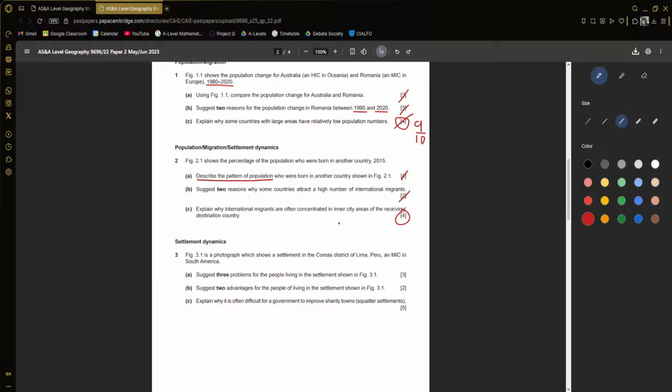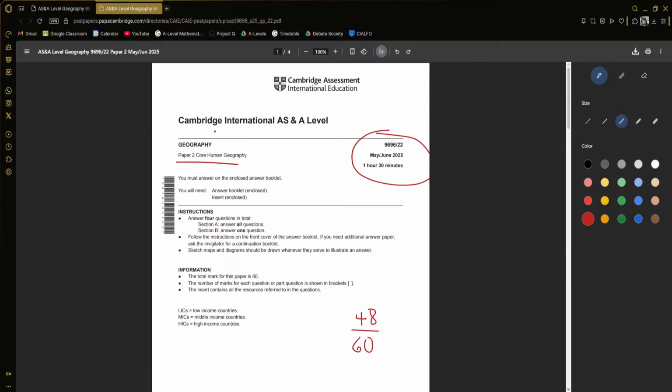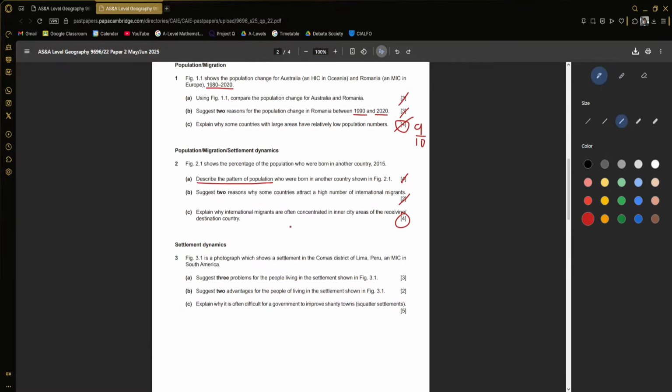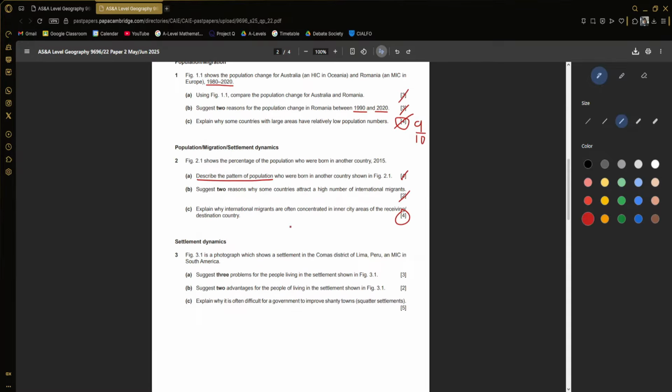If you want to get development points, you can think of examples. CIE is a very international course, so you can bring in wherever you're from, right? If you're from Malaysia, for example, you can talk about examples in Malaysia of why migrants are concentrated in inner city areas.